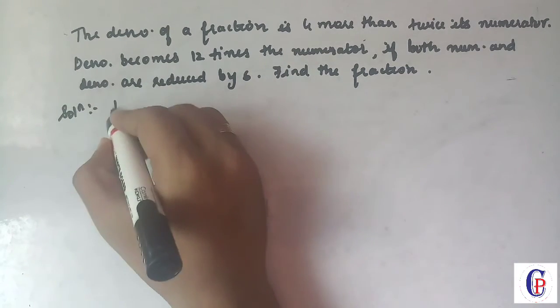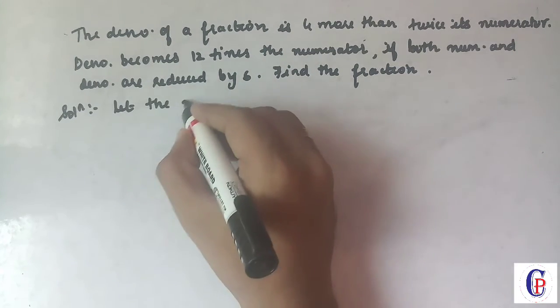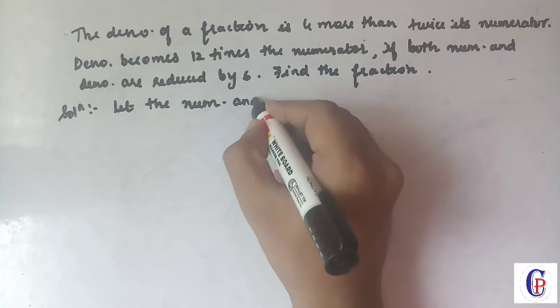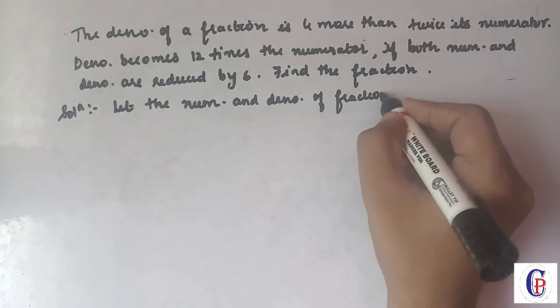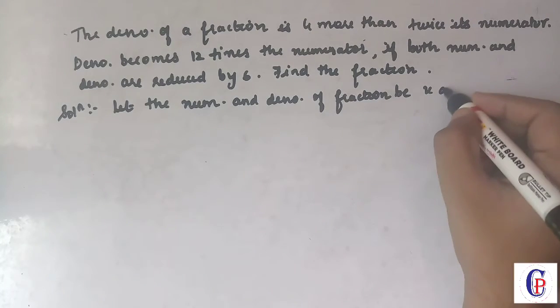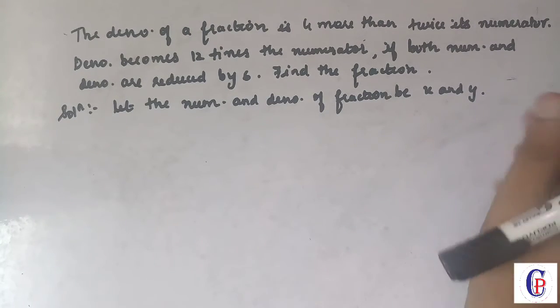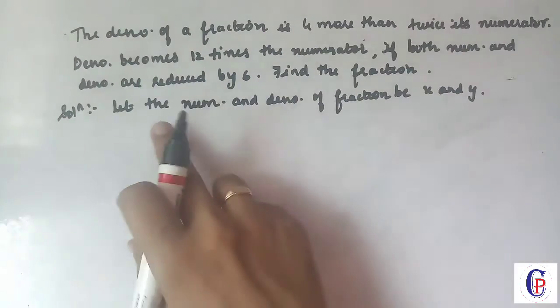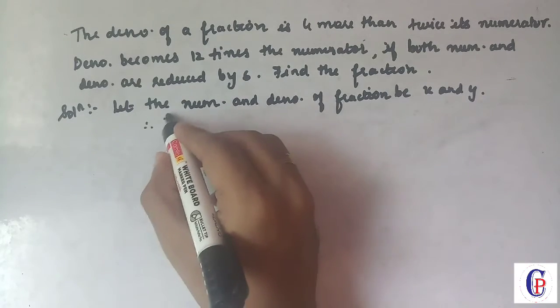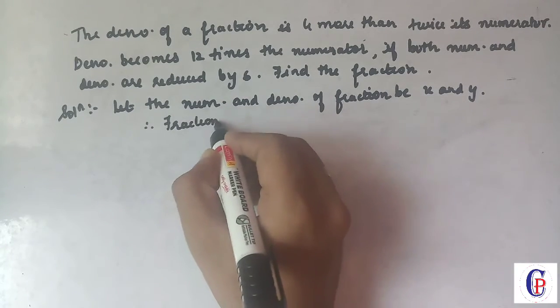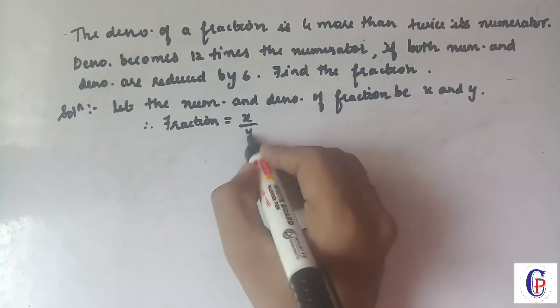So we will say, let the numerator and denominator of the fraction be x and y. We don't know which is the upper number and which is the lower number. Therefore the fraction is x upon y.